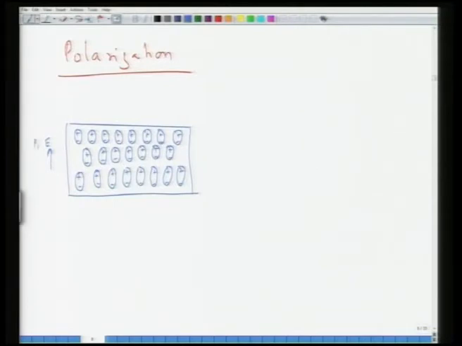Let us say I probe a particular volume in this material. It is a circle, or a sphere if it was 3 dimensional. Now, what is the net charge density inside this volume of material?